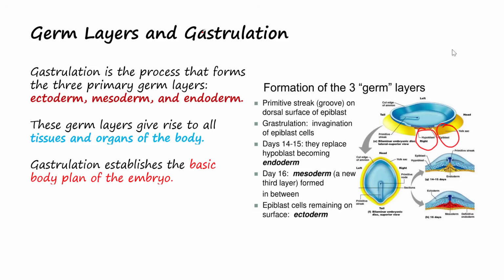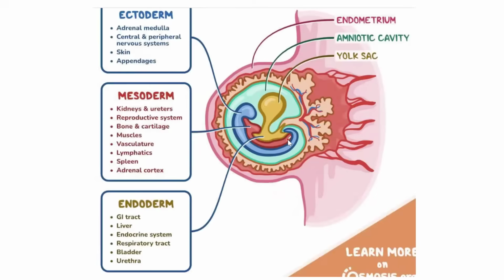And let's look at how these three different layers differentiate into different organs. So as we can see, this is ectoderm. Ectoderm has the ability to differentiate into adrenal medulla, central and peripheral nervous system, skin, and appendages.